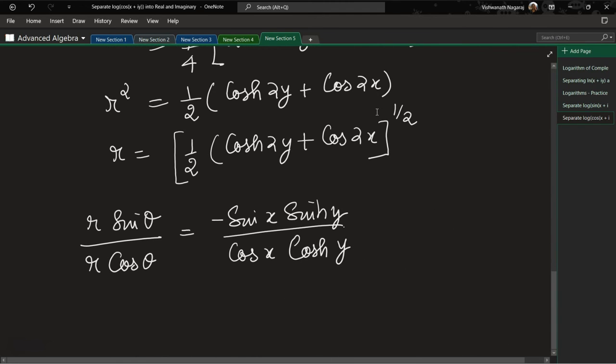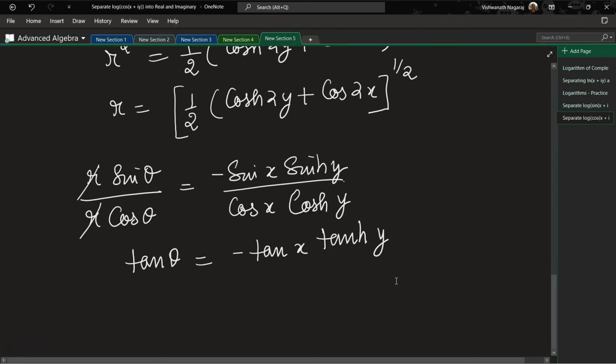Okay, so now what do we get? R and R get cancelled. We get tan theta is equal to sine by cos, which is tan, so minus tan x, and hyperbolic sine by hyperbolic cos is hyperbolic tan y.